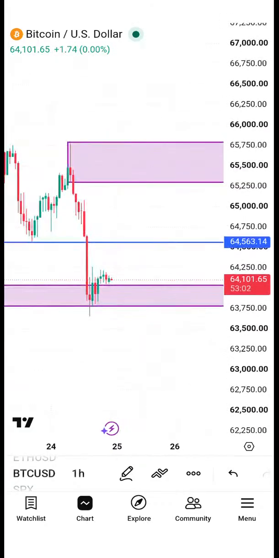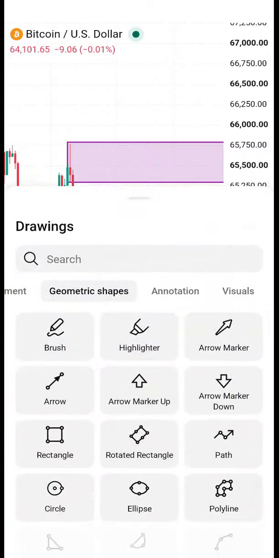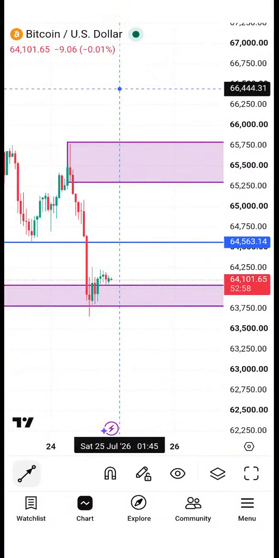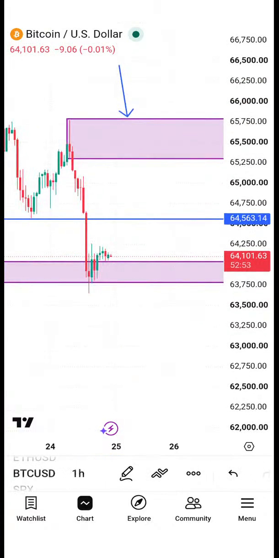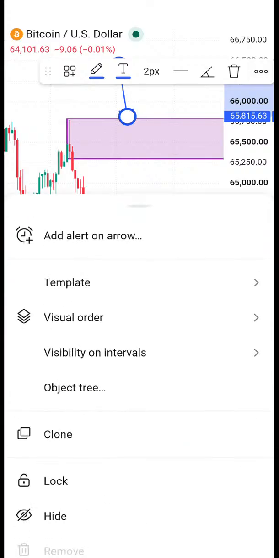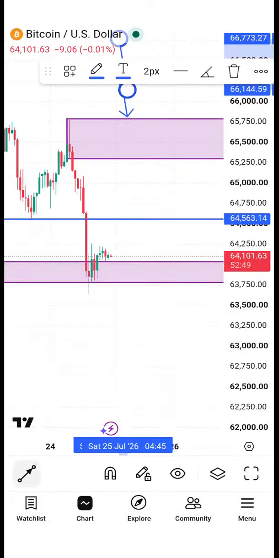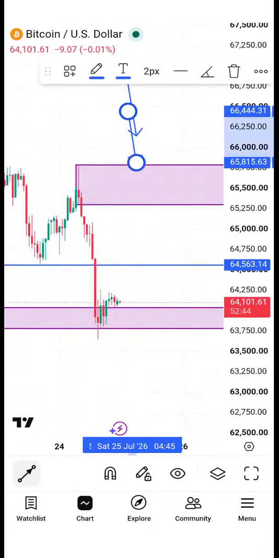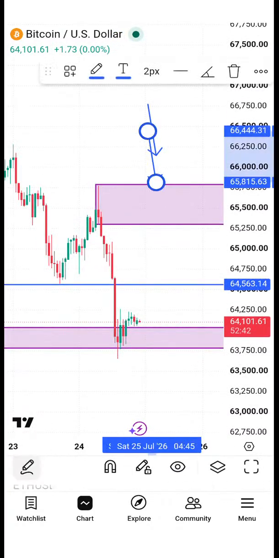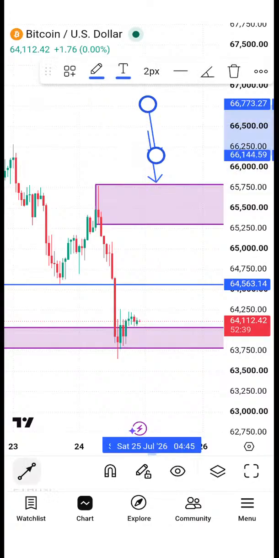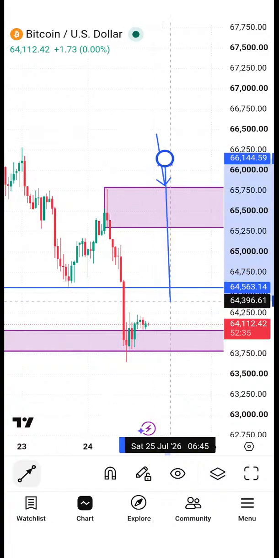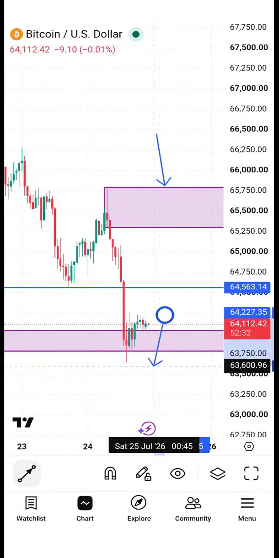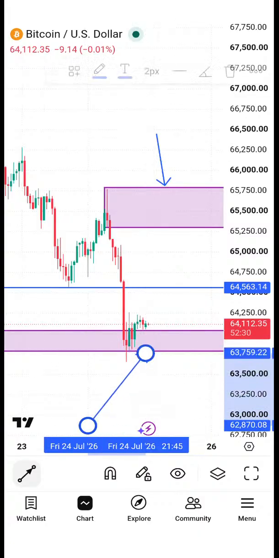So now that we have our order block here, we also have our demand area.